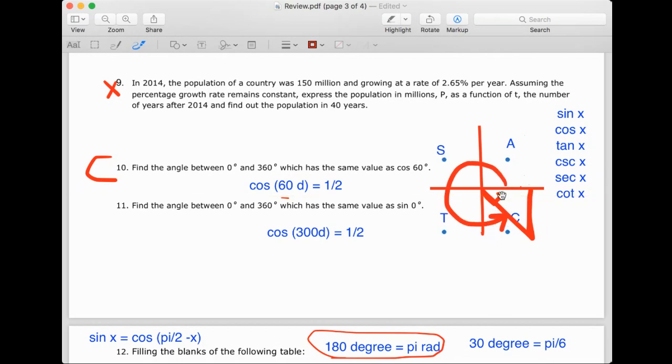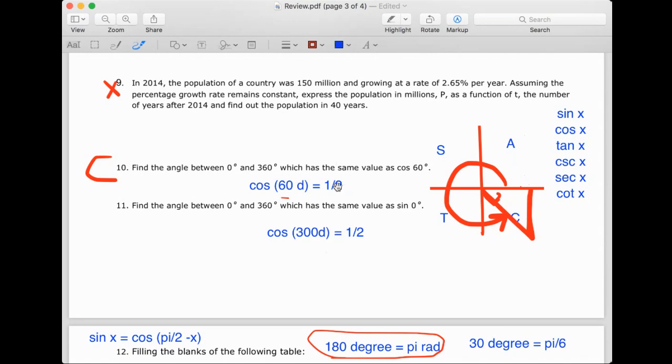So what is this true angle measure? Do we see that's 360 degrees minus 60? Yeah. Okay, so 360 minus 60 is 300, right? So the answer for this one, number 10, is 300 degrees, or you could answer in radians, then you have to convert.